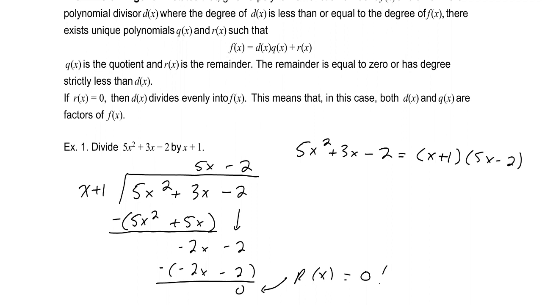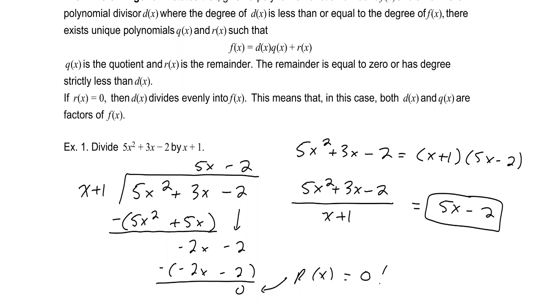That means we could have factored, which then dividing by x plus 1 on both sides tells us what we actually wanted. 5x squared plus 3x minus 2 divided by x plus 1 is 5x minus 2, which is the answer to the question we were asking.